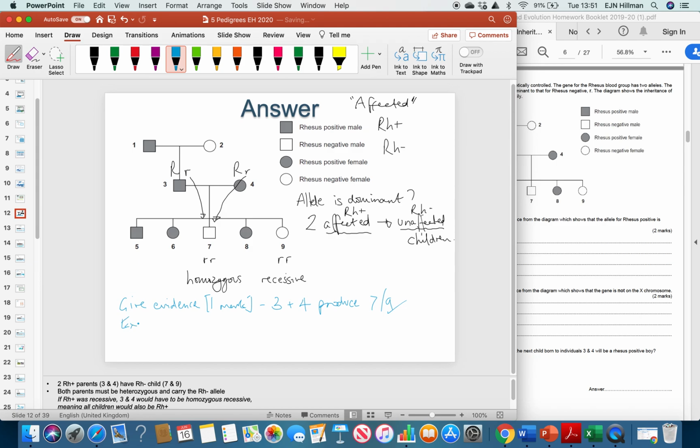Explain evidence, you need to go a little bit further, and I've sort of explained it already. Explain evidence might be 1 mark again, it might be more.